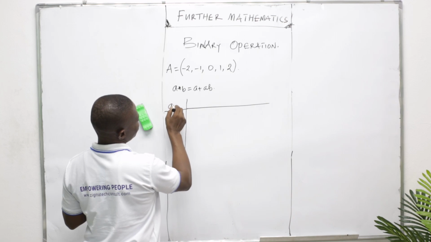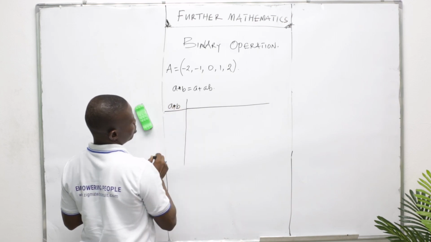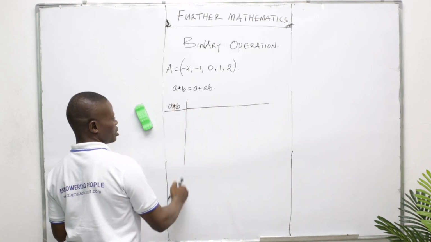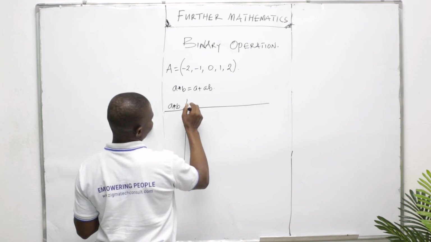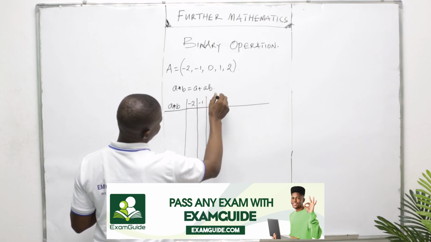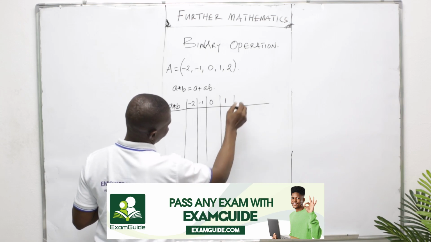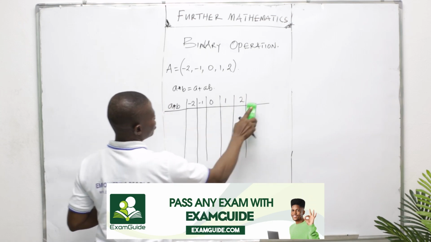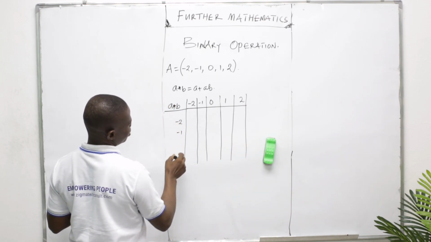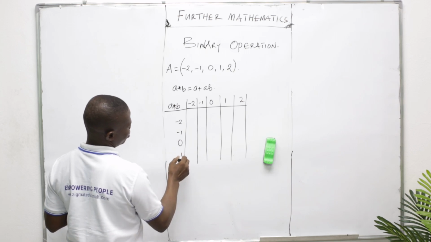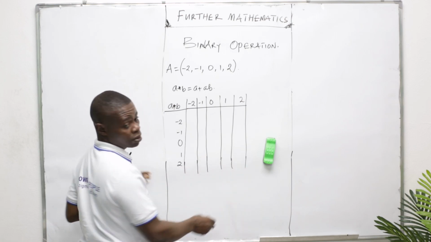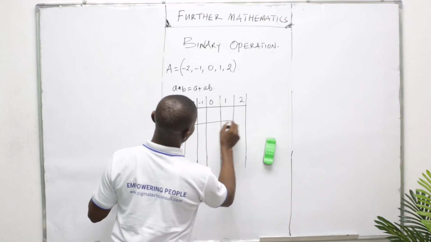Here we contain A operating on B, whereby this side we assign it to A, this side we assign it to B. Then the values we have are -2, -1, 0, 1, 2. The same thing goes this way: -2, -1, 0, 1, 2. Okay, this is it.